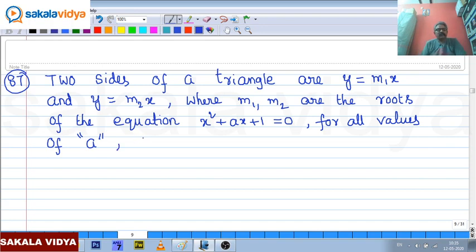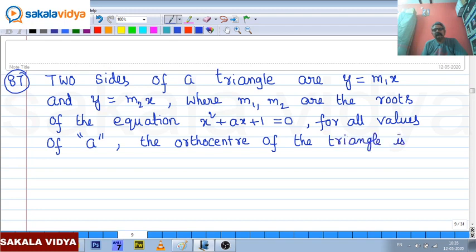The orthocenter of the triangle is: first option is 1 comma 1.